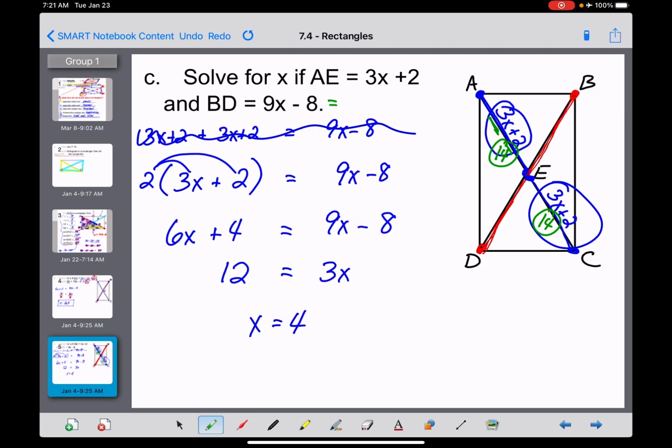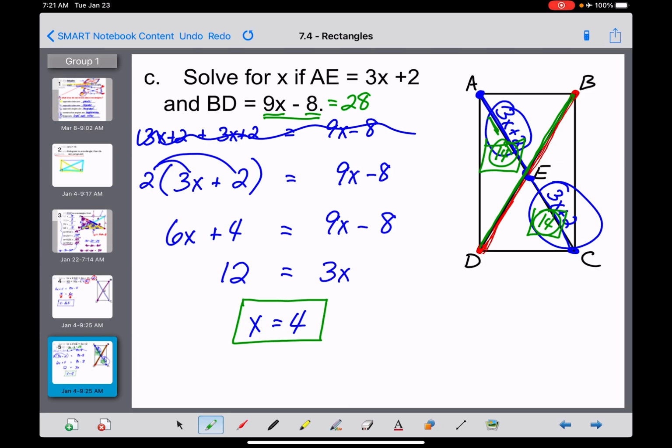And how about BD right here, guys? 9x minus 8. 9 times 4 is 36, and 36 minus 8 is going to make 28. Now, does that make sense here? I think it does. If BD, this whole diagonal right here, is 28, 28 is also the sum of 14 and 14. So I feel pretty good about that answer right there, that x is equal to 4.